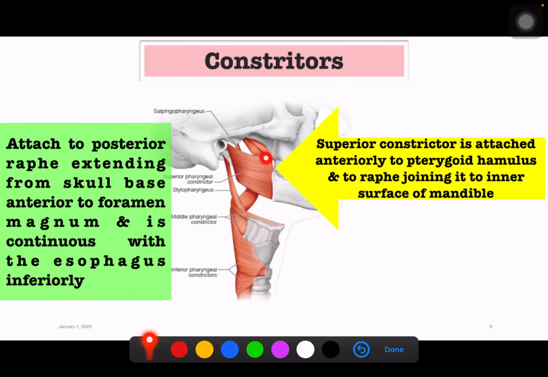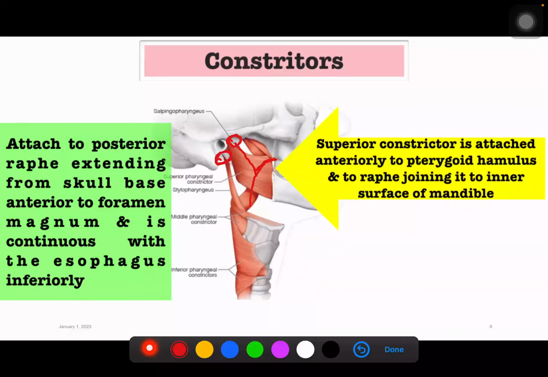Regarding longitudinal muscles, stylopharyngeus will attach to styloid process and the palatopharyngeus from the soft palate, and salpingopharyngeus from the cartilage of the Eustachian tube, and will merge with the fibers of palatopharyngeus.